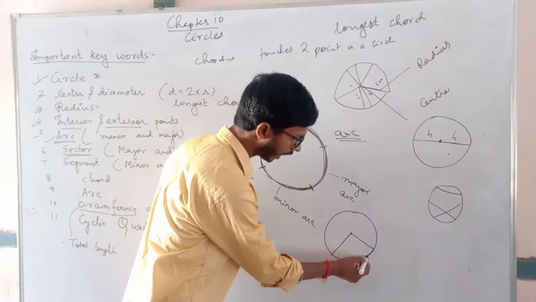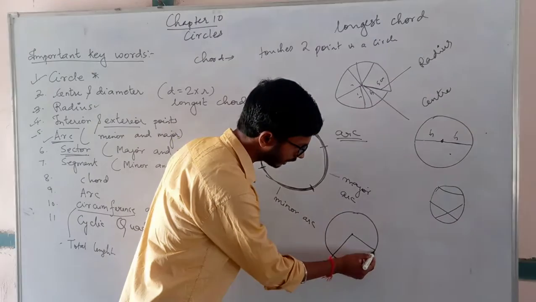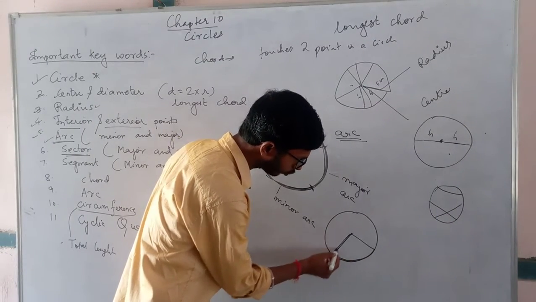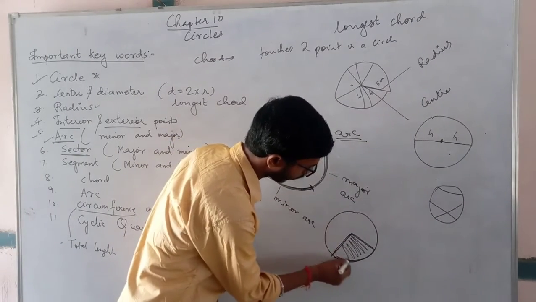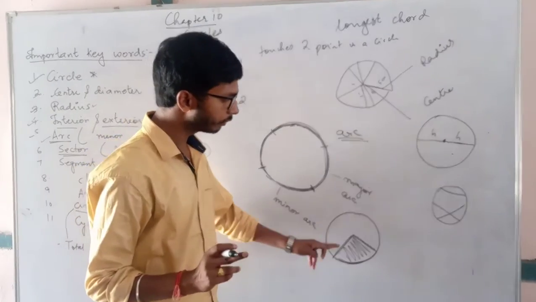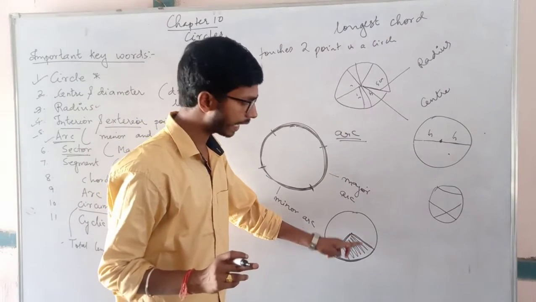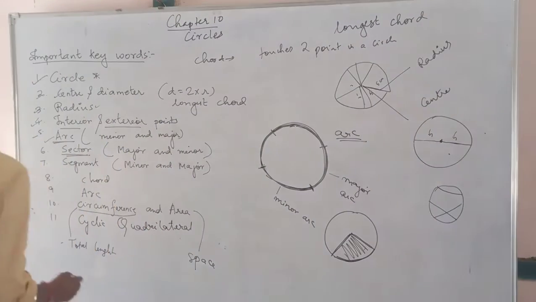Now this is the arc, right? Now the area between the arc and the two radii, see this part, the area, listen carefully, the area between the two radii and the arc is called the sector.